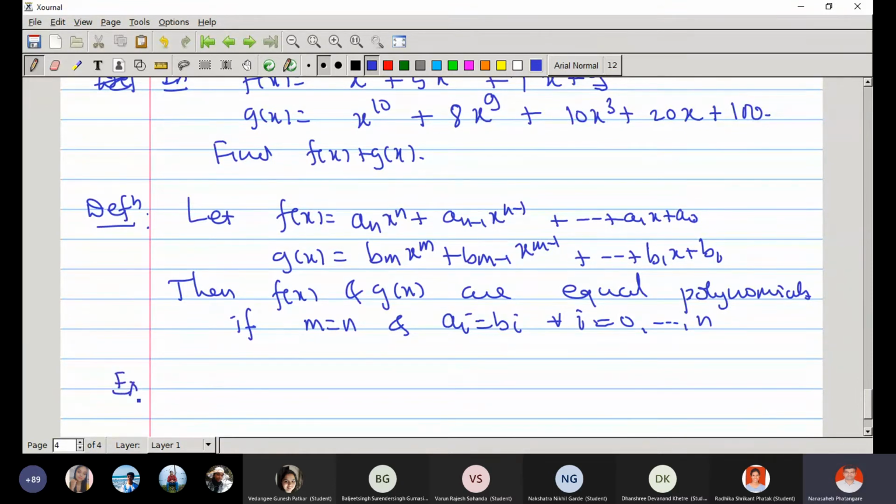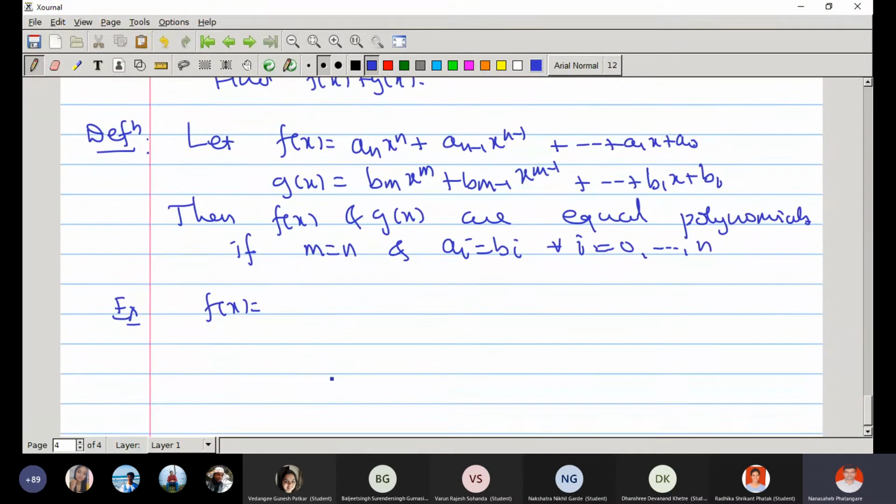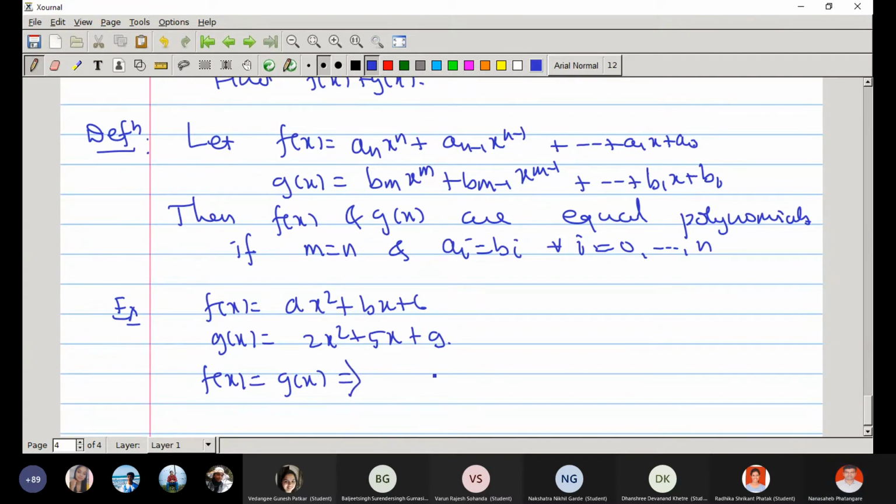Their coefficients should be the same. For example, if f(x) is equal to ax square plus bx plus c and g(x) is equal to 2x square plus 5x plus 9, then f(x) is equal to g(x) means what?